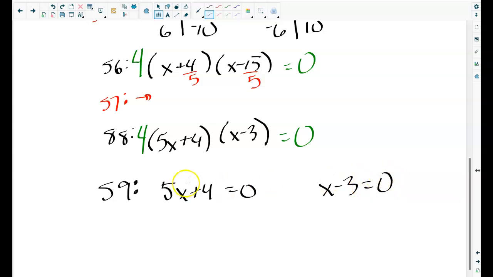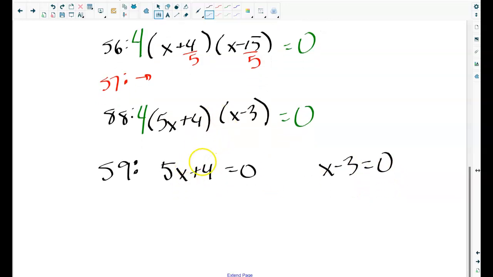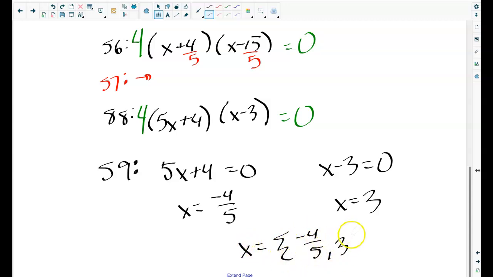This should be obvious from your algebra 1, but I would hate for you guys to make a silly mistake and pretend that you don't know what to do here. So you'd add 3 to both sides, x equals 3, and here you'd subtract 4 and divide by 5. So x equals negative 4/5. So we can say x equals negative 4/5, 3.